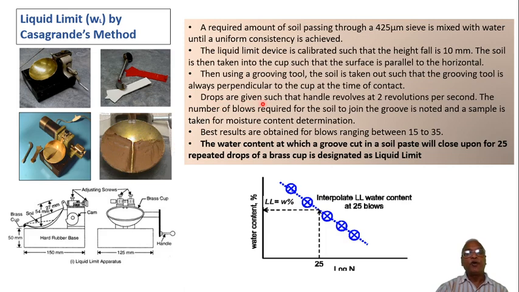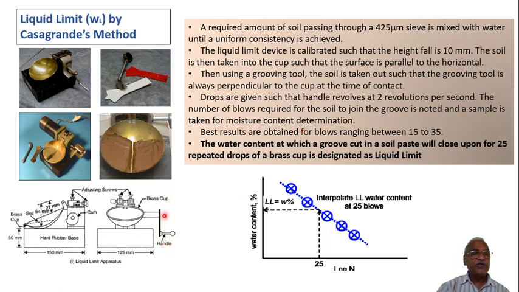Now, the drops are given such that the handle revolves at 2 revolutions per second. When you revolve the handle, the cup is lifted up and dropped. The speed at which revolutions are given is 2 revolutions per second. The number of blows required for the soil to join the groove is noted and a sample is taken for moisture content determination.